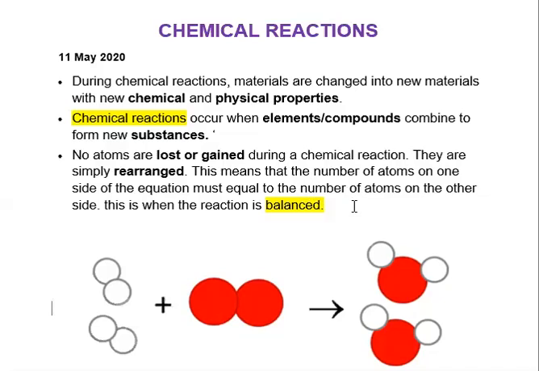This means that the number of atoms on one side of the equation must equal the number of atoms on the other side. So if I count the number of oxygens on this side, there are 2, and there should be 2 oxygens on this side as well. If I count the number of hydrogens on this side, there's 4, so there should be 4 hydrogens on the other side as well.